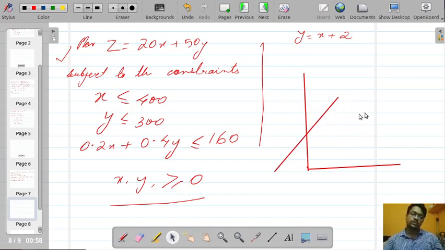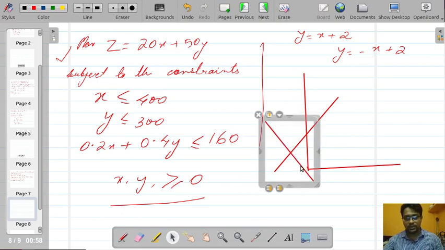So these ideas will be required. If I have something like y equal to minus x plus 2, how do you plot this graph? y equal to minus x represents a straight line with slope minus 1, passing through the origin, right?